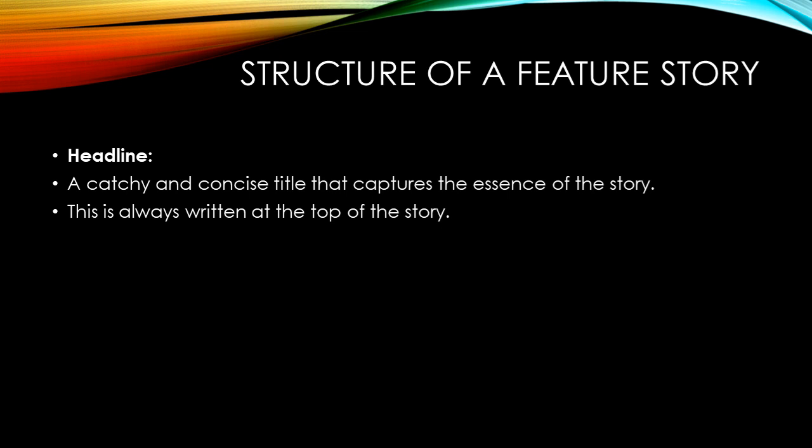Now, the structure of a feature story is slightly different from a news article. While it may look the same, in that it has a headline, a lead, an introduction, body, conclusion, quotes, all of that, the difference is in the language that you choose to write your feature story.